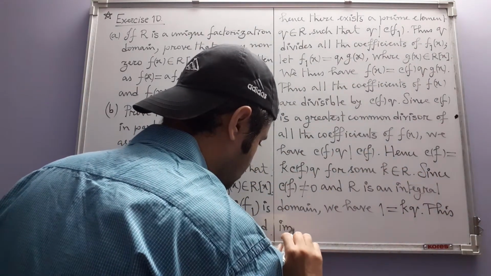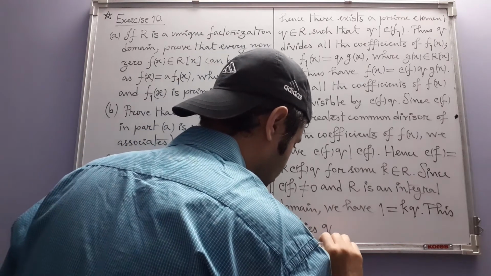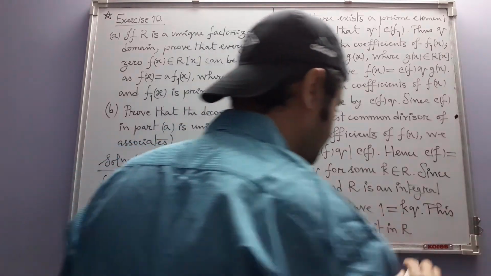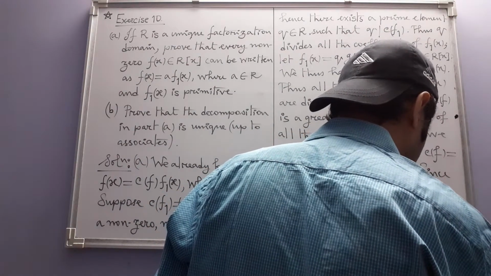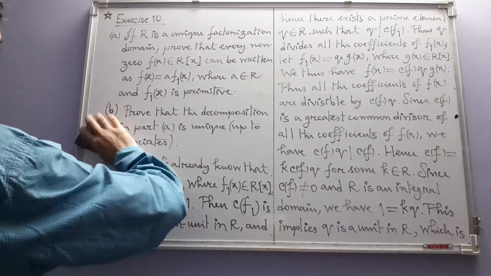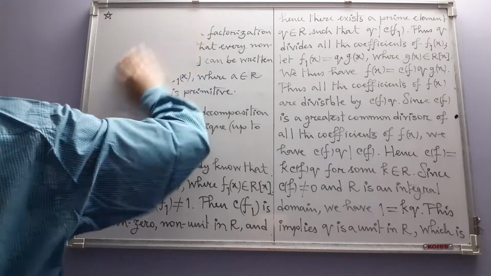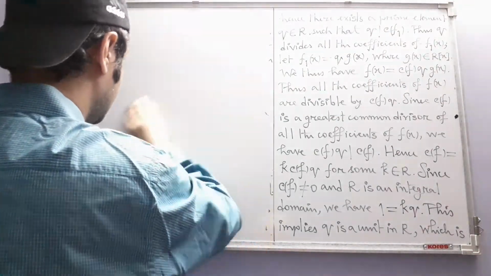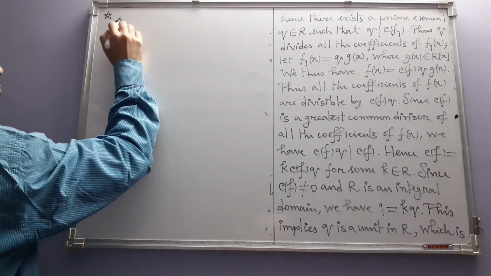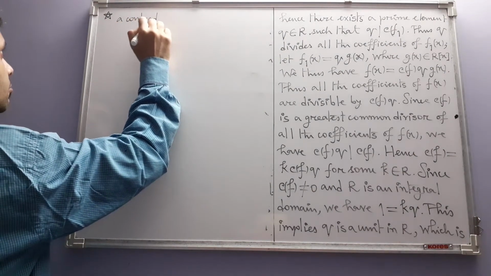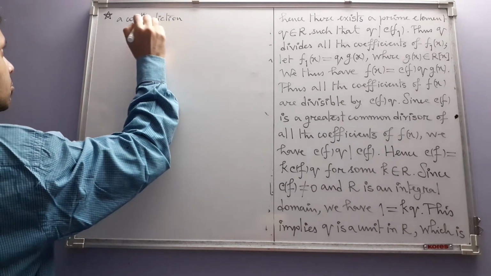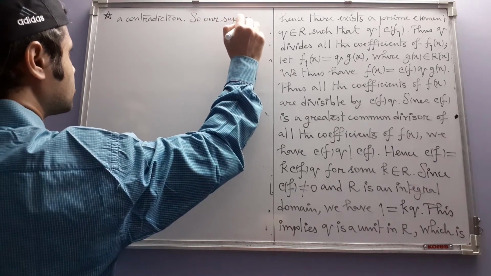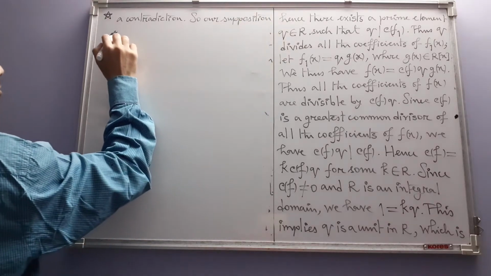This implies Q is a unit in R, which is a contradiction. So our supposition is wrong.